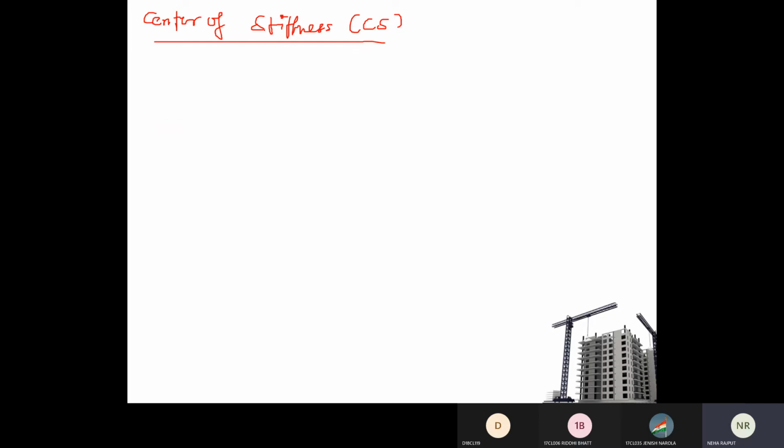So center of stiffness means the point at which the stiffness of all the vertical elements will coincide with each other, right? So the center of stiffness definition is that the point at which the stiffness of all the elements will coincide with each other. Now this stiffness is known as flexural stiffness.